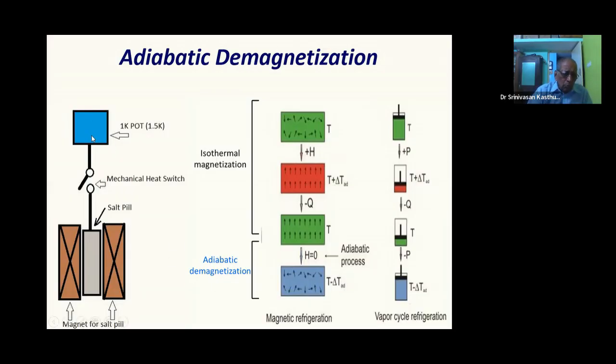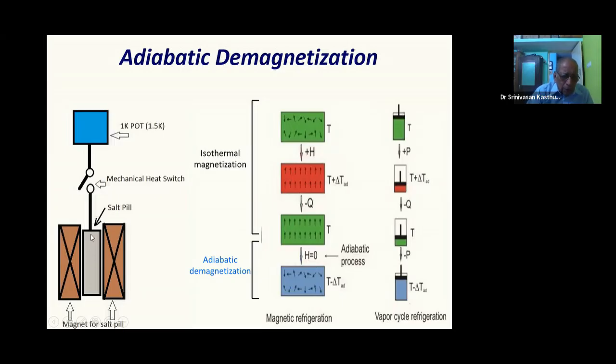So how is this done? You have a 1K pot, about 1.5 Kelvin. Then you have a mechanical heat switch, and then you have a material which has all these magnetic spins, present in a salt, and you have temperature sensors arranged to this. First you magnetize the spins, so the temperature will rise, and then you connect it to the 1K pot by a mechanical heat switch.